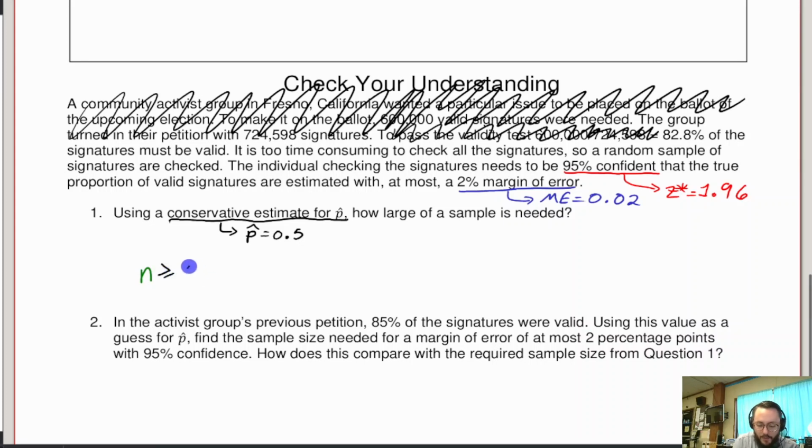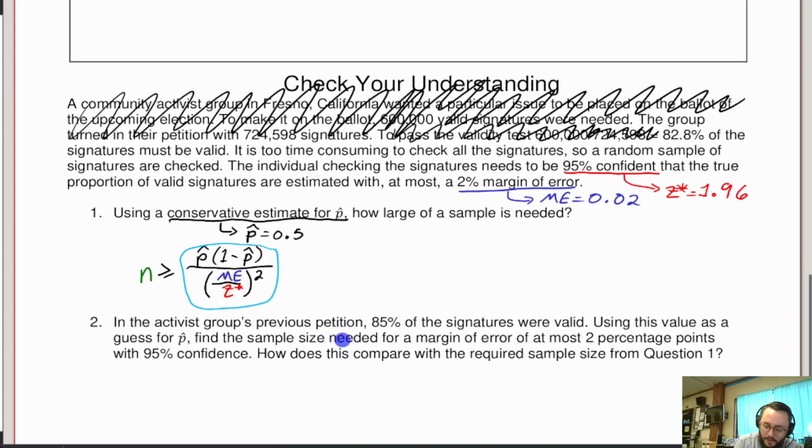n has to be greater than or equal to p hat times 1 minus p hat divided by, just going to write this out, our margin of error divided by the critical value, squared. So we are dealing with this entire thing here.